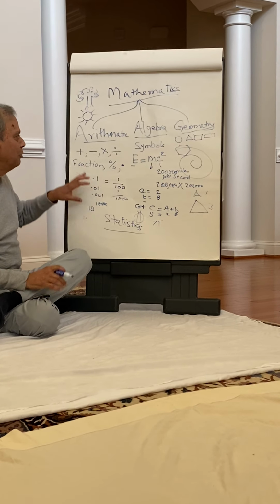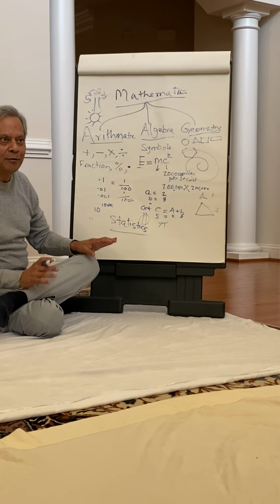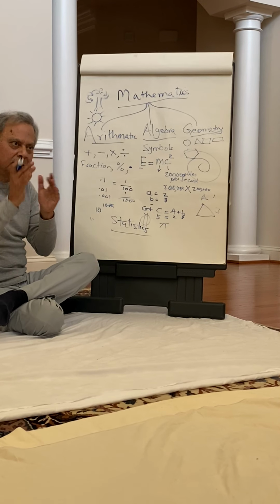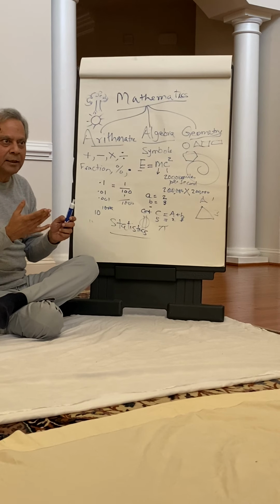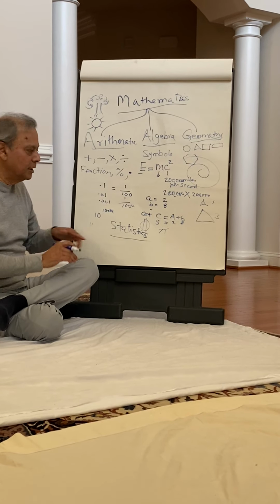Statistics is how to arrange the numbers to make sense. How to arrange the numbers to tell a story so that you know what is really happening. So arranging numbers, analyzing them, trying to understand what numbers mean, is statistics.